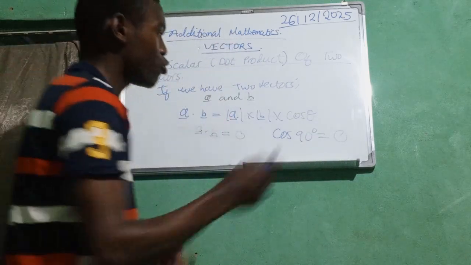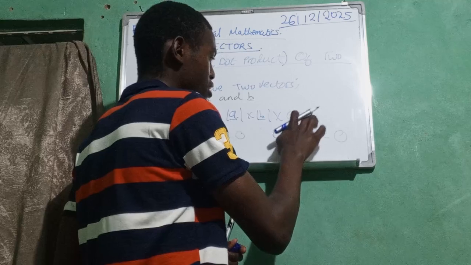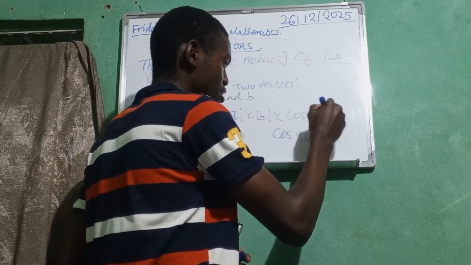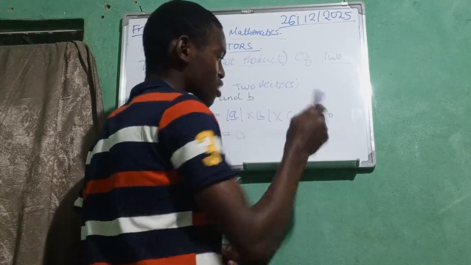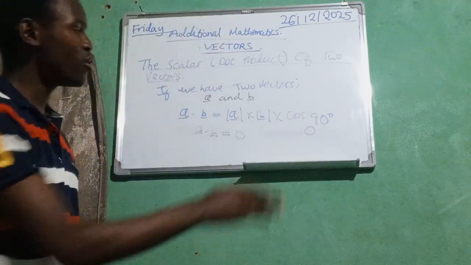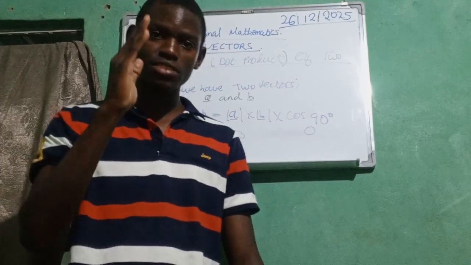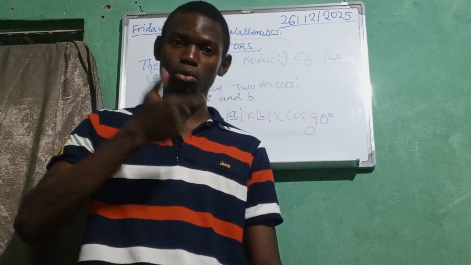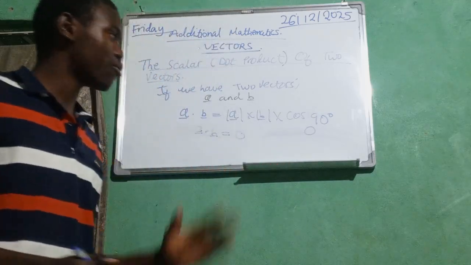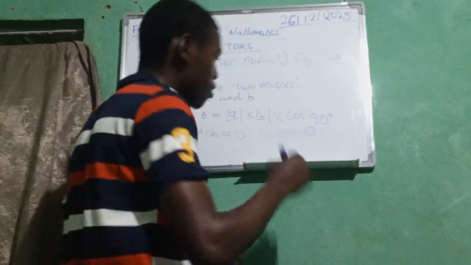Now, if we have here in our formula cos 90, the value of cos 90 is 0. So it means 0 times everything here is 0. If two vectors are perpendicular, the angle between them is 90 degrees and the dot product A dot B is equal to 0. That is for perpendicular vectors. Always remember this. As we come to the examples, this would be very important.